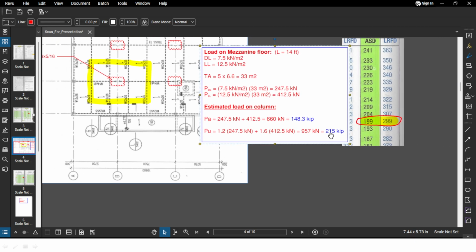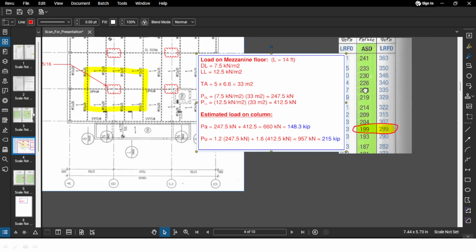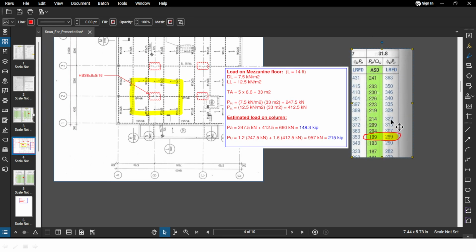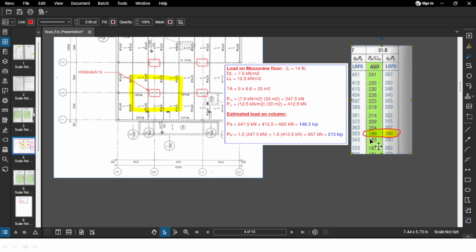So you can readily compare that to the capacity we have in the table. I extracted it from the table. If you remember, we have AISC 199, so that's the capacity, and we have the service load of 148.3.